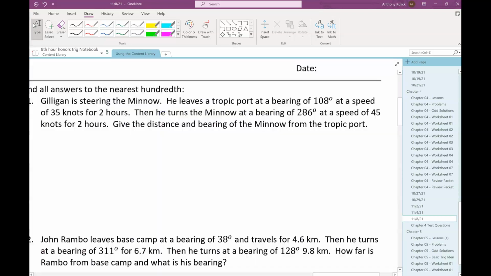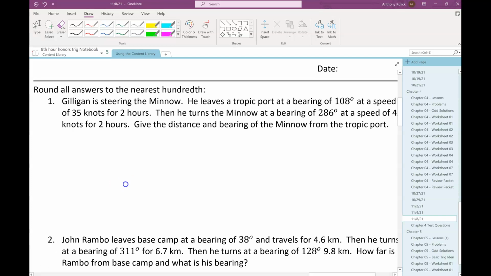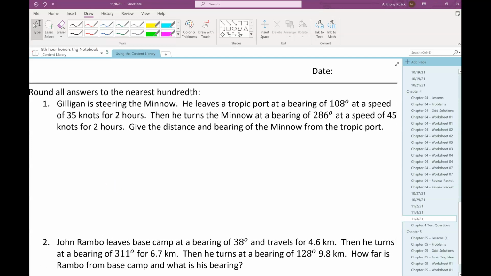All right, so our boy Gilligan is going on a trip here. He makes one turn, he makes another turn, and we're asking how far away and where is he. I'm going to break this into 2 legs for my journey.